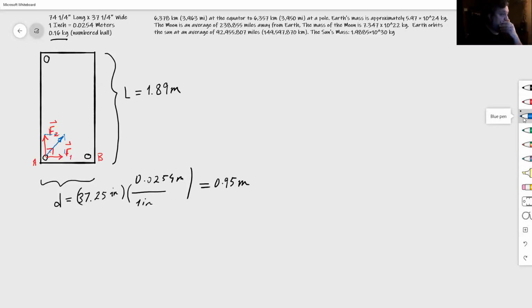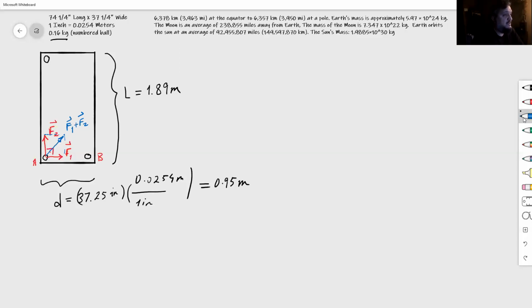It depends on, you'll see in the values of F2 and F1, but this will be the sum. So this will be F1 plus F2. So let's find the magnitude of F1 and F2 first, and then do the vector addition.